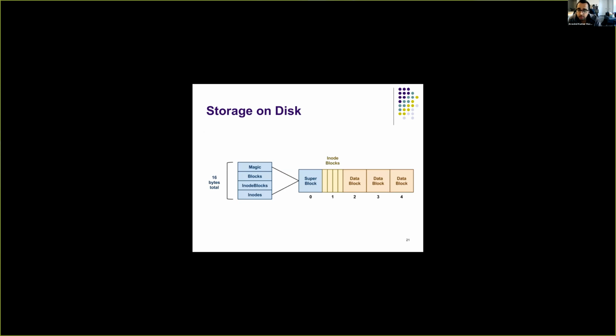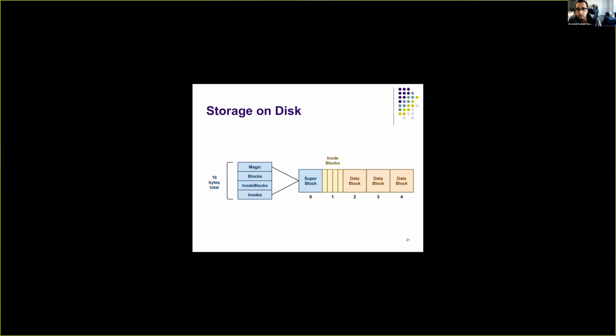How are these inodes stored? As I briefly mentioned before, we have a fixed location on the disk where the inodes are stored. Usually the disk has a fixed-size region and then the variable data blocks. Here, the super block is a fixed block present at the start of every disk.